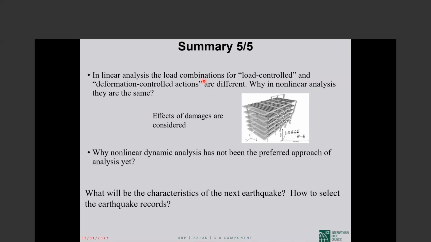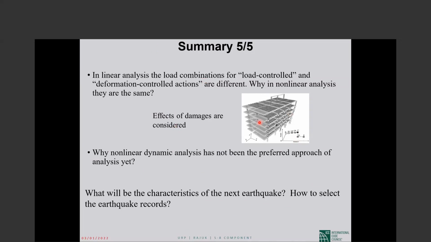Why don't we do these things? Because the effect of damages is included, considered in the nonlinear analysis. Because it's not considered in the linear analysis, we had to do those kinds of adjustments ourselves by changing the load combination.